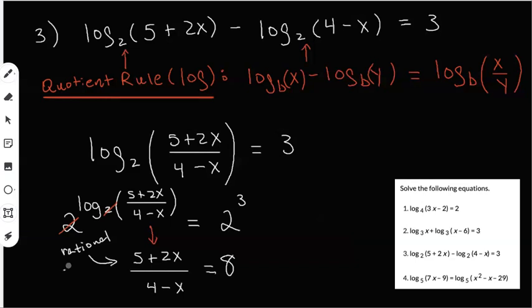Okay, so on the next slide, we'll do 5 plus 2x over 4 minus x is equal to 8, and we will solve this rational equation.